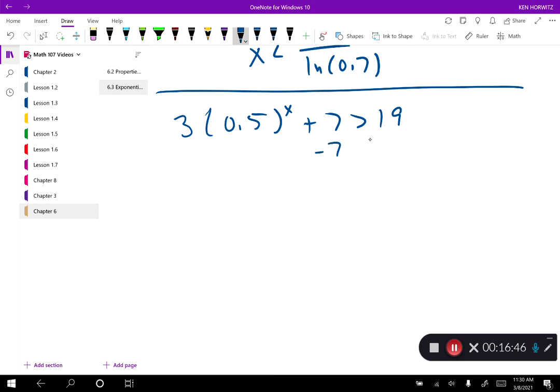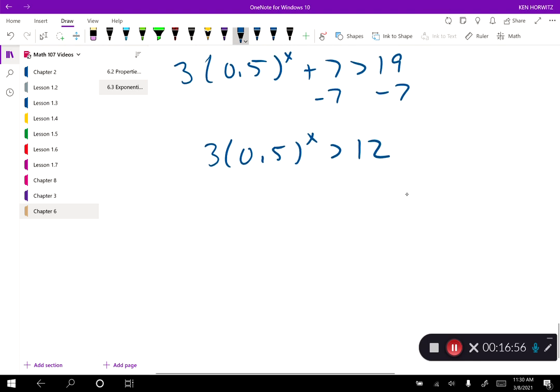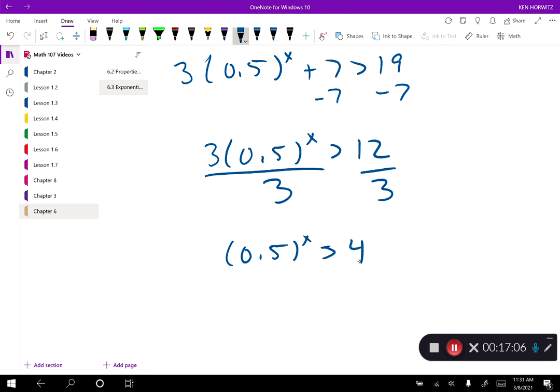So I'm going to subtract 7 from both sides, and I get 3 times 0.5 to the x power is greater than 12. And look at that. I can divide both sides by 3, and I get a nice number. So I have 0.5 to the x power is greater than 4.